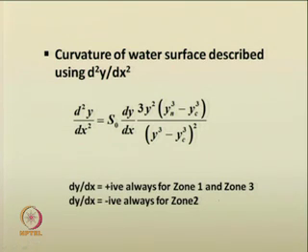Using the equation discussed in the last class, you have seen that dy by dx is always positive for zone 1 and zone 3, whereas dy by dx is always negative in zone 2. So, these things are very much evident.